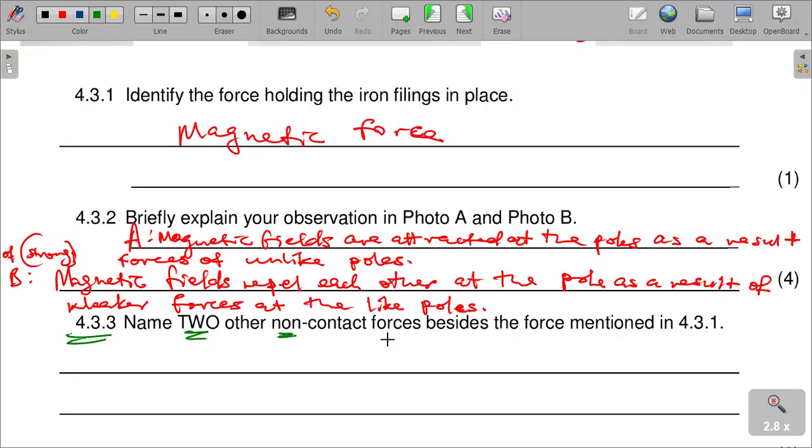So we can talk about what? Electrostatic force, one, and then two, we can also talk about gravitational force.